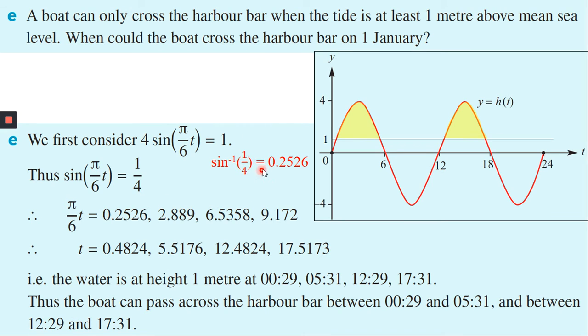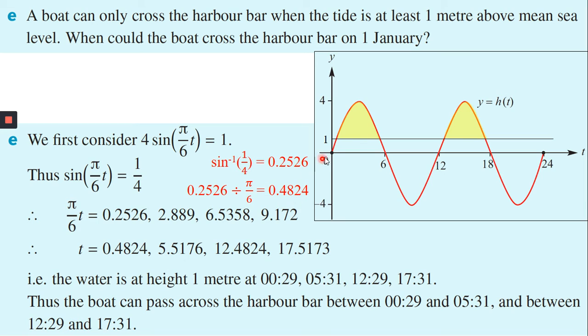So I look that up, just using my calculator. So it's sine to the -1 of 1/4, 0.2526. There's my first one. And then I can just use symmetry to work out what that one is. So that's pi on 6 t, so it's not t, so I've got to times by 6, divide by pi to give me this value here, 0.4824.